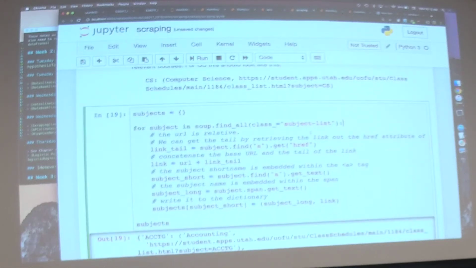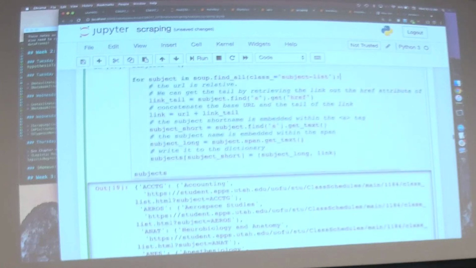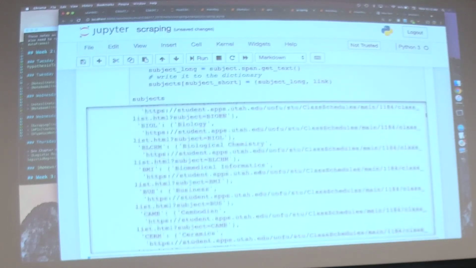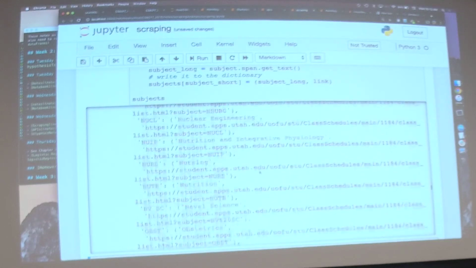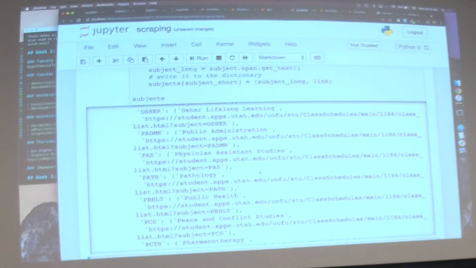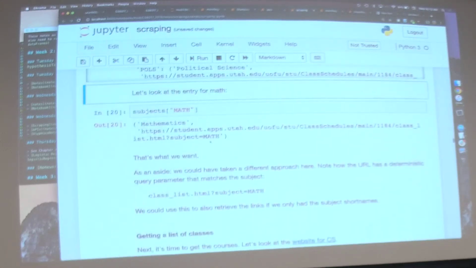We can use our DOM manipulation type stuff to extract all of the different class prefixes or subjects. And if we look at math, we see where the schedule is and all that stuff.